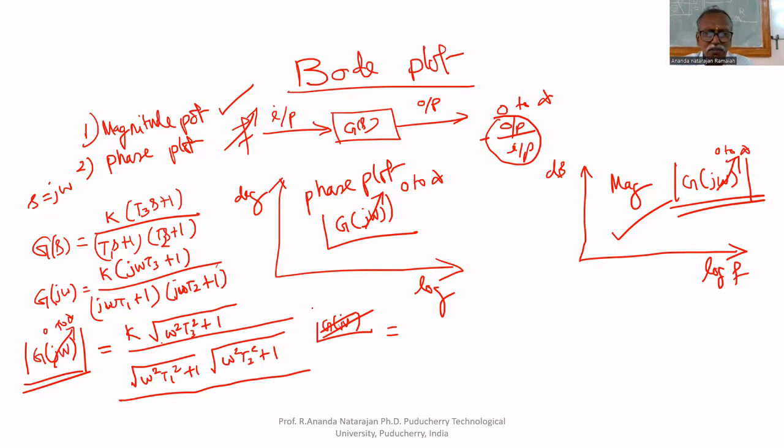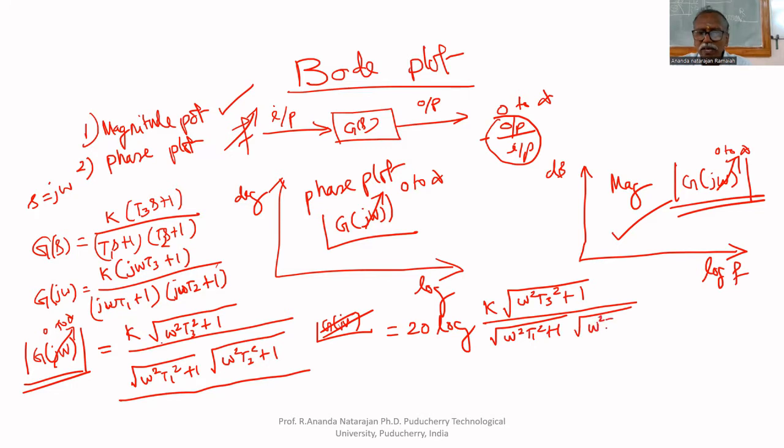So to convert this into decibel scale, 20 log of K square root of omega square tau 3 square plus 1 divided by square root of omega square tau 1 square plus 1 square root of omega square tau 2 square plus 1. Log means multiplication becomes addition.